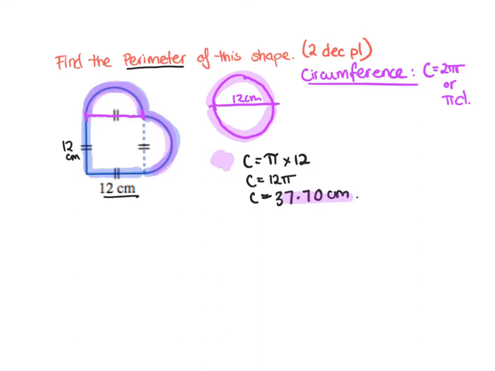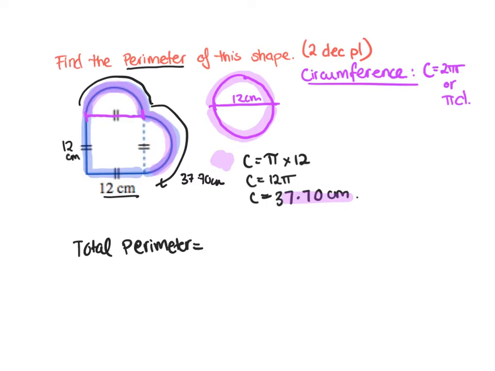So I now know that here to here is 37.70 centimeters. The total perimeter is going to be where we add them all up. So the total perimeter is 12 plus 12, so I'm doing one side plus my other side, plus my curve side, which is 37.70.